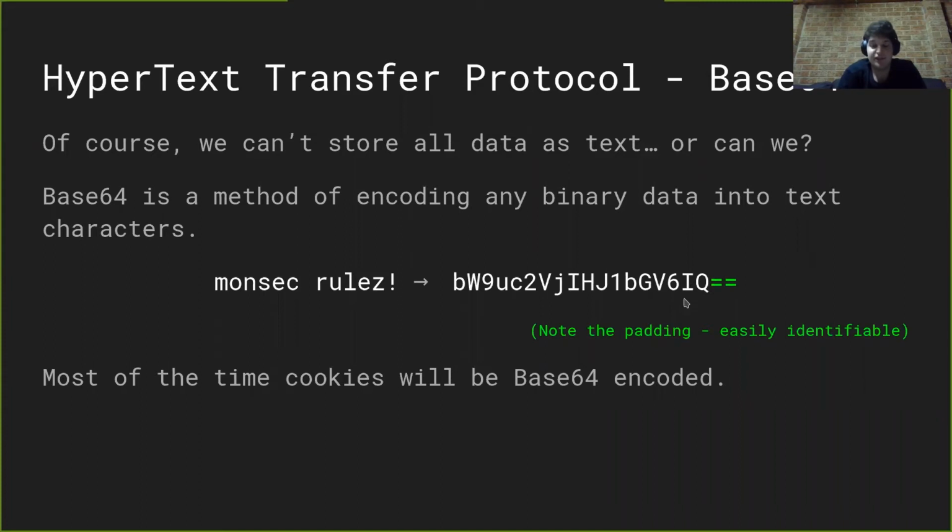So if it doesn't have multiples of that size, it will need to add some sort of padding to it, which in most cases will be this equal sign. So yeah, that's just a little trick. This is how cookies are stored, but it's not the only thing that uses base64. Base64 can be seen everywhere, from file uploads to requests.